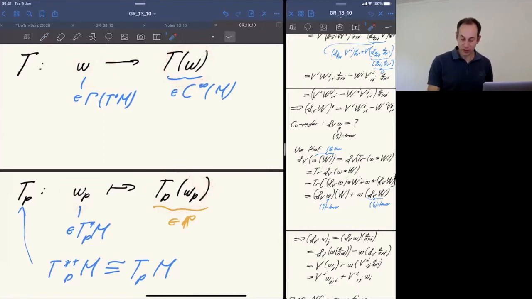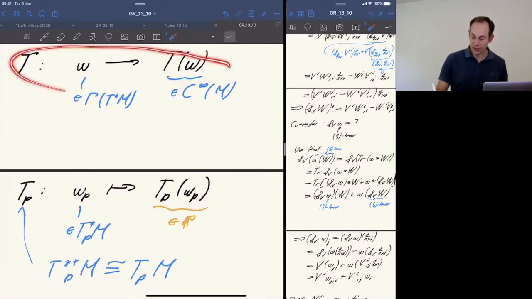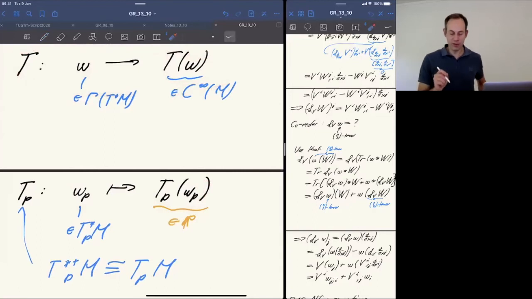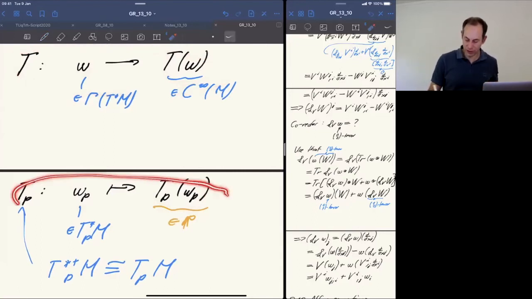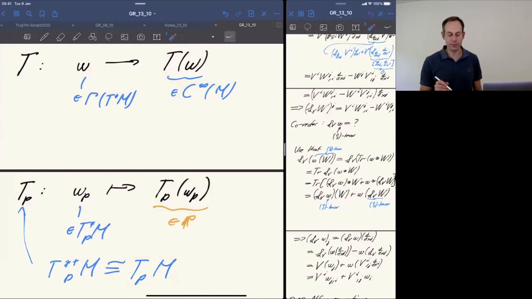In other words, at every point, maybe the best explanation is to say this thing, if I look at what it means at every point, is exactly this object, but we already know that at every point this object corresponds just to an element of the vector space.